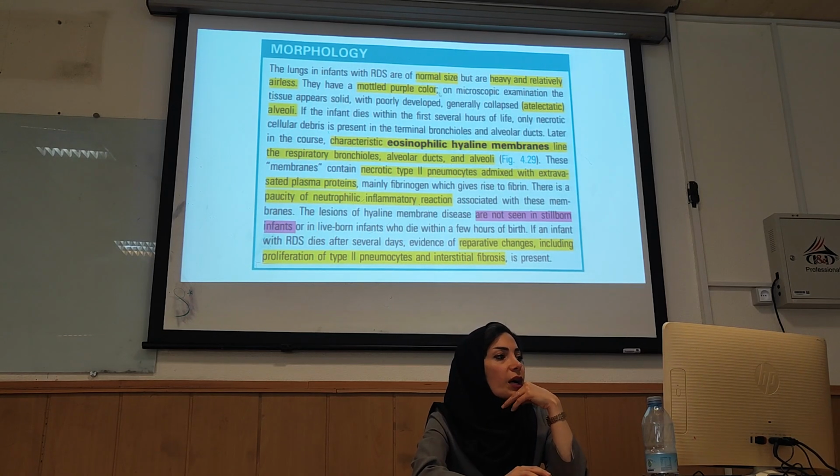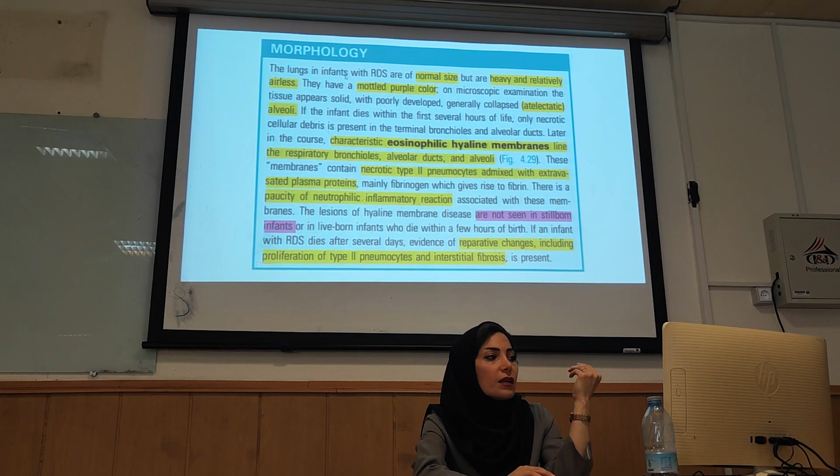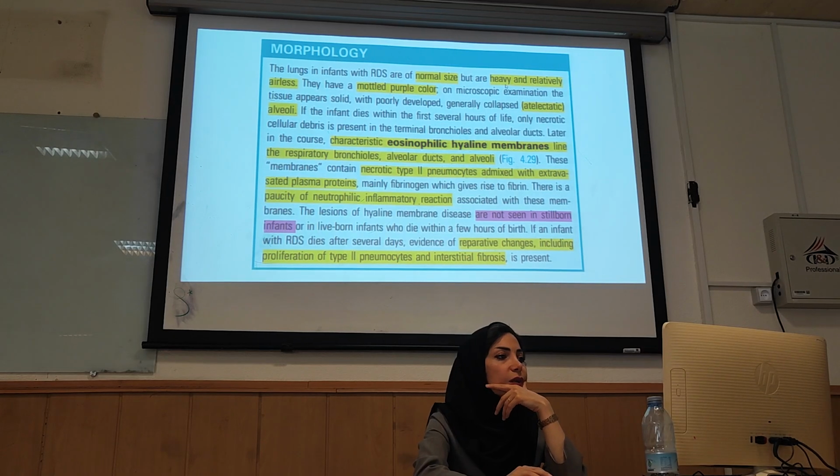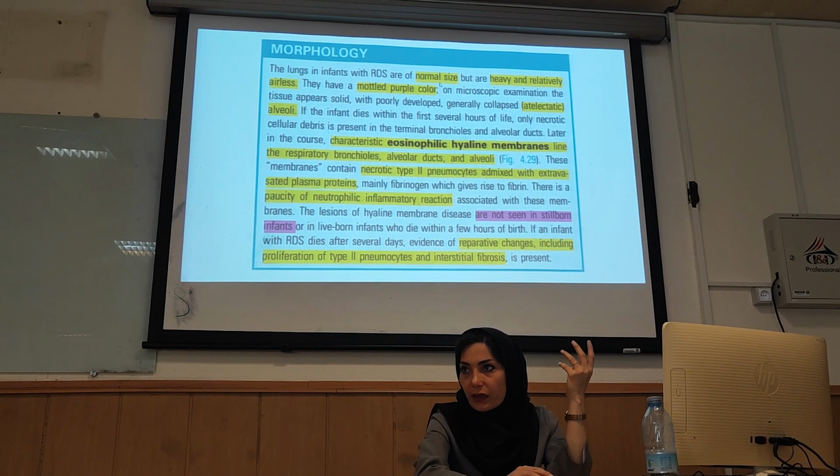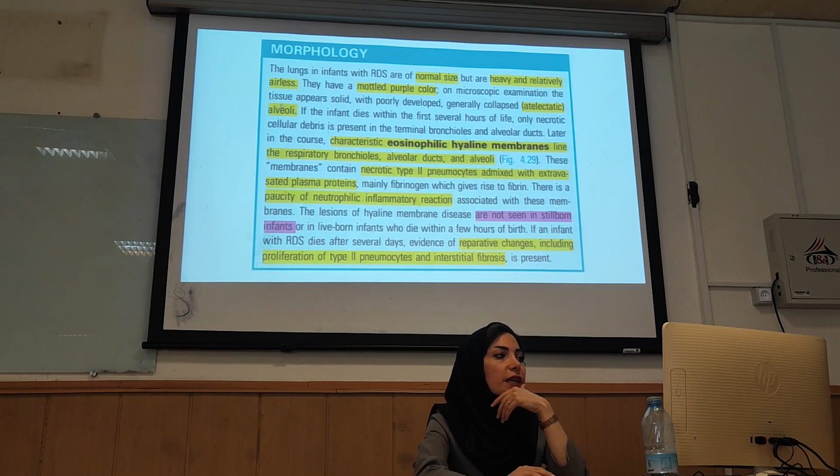For example, for RDS, this frame explains that on gross examination the lung has normal size but is heavier than a normal lung because it is relatively airless.